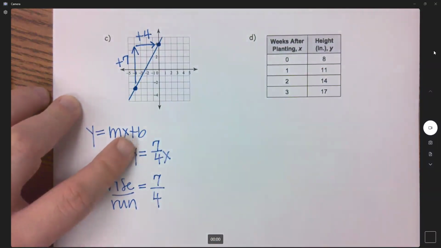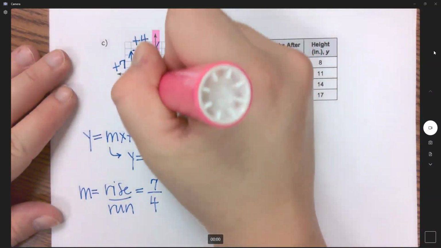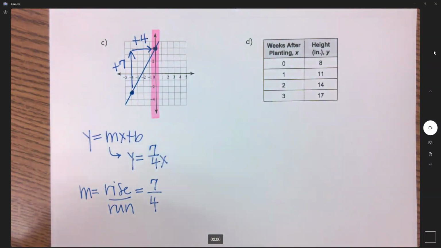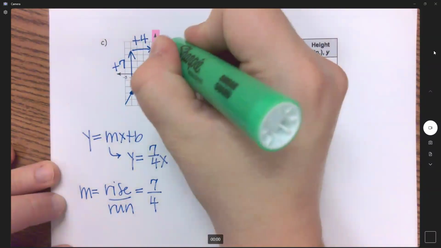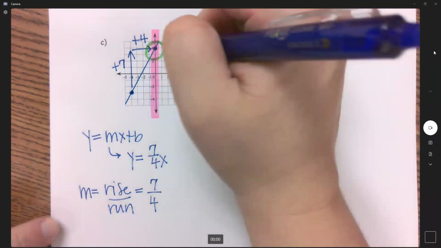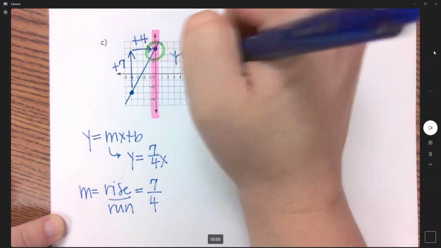Well, where is this crossing our y-axis at? It is crossing right here at 0, 4.